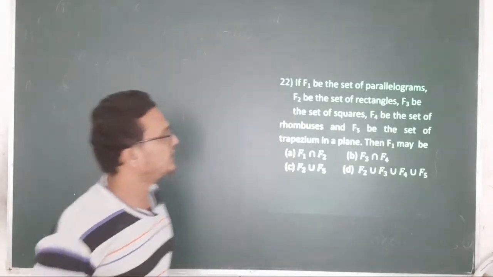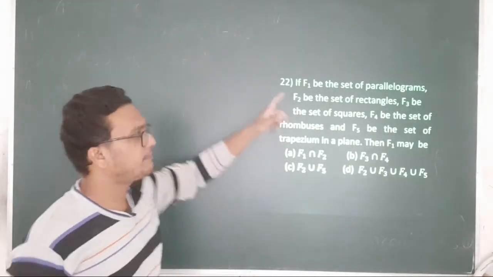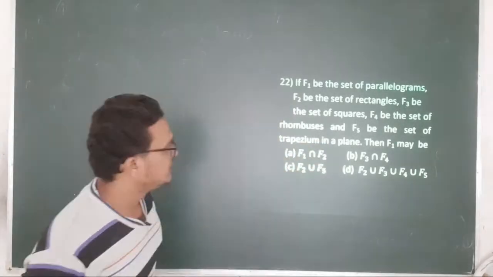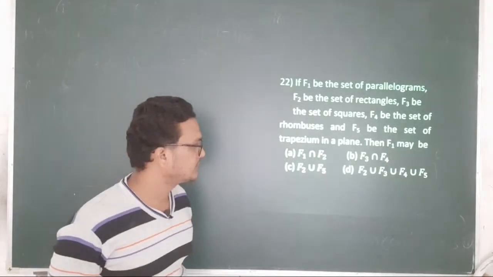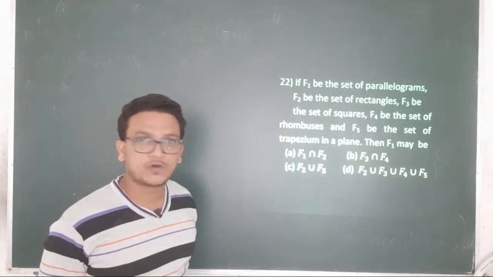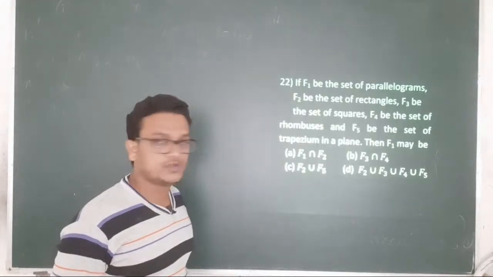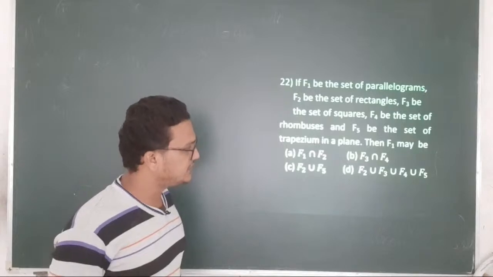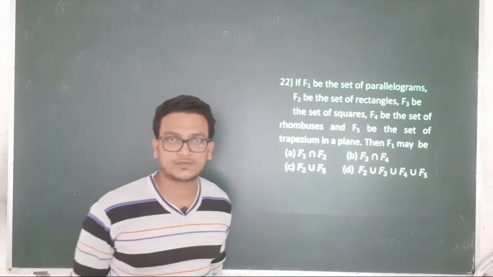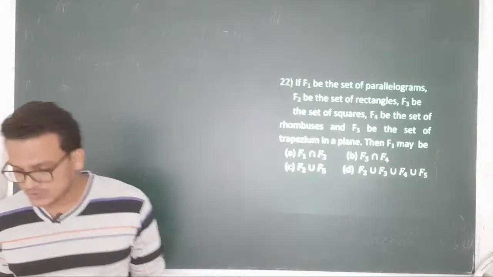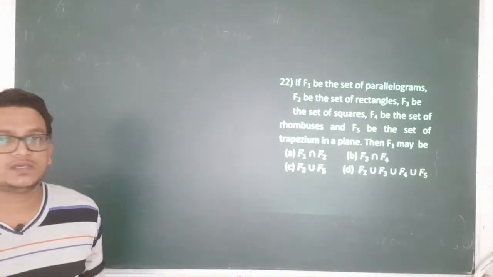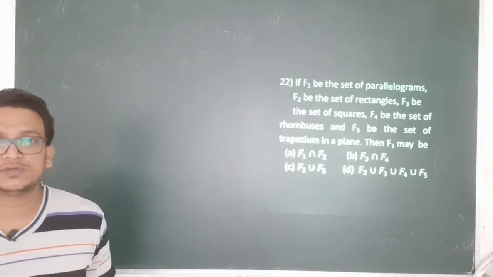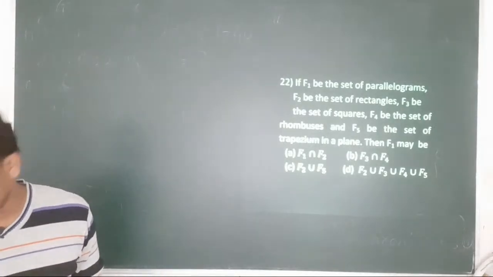The options are A: F1 intersection F2, B: F3 intersection F4, C: F2 union F5, and option D is F2 union F3 union F4 union F5. Which option is going to be correct? Read the question once again and try answering it.